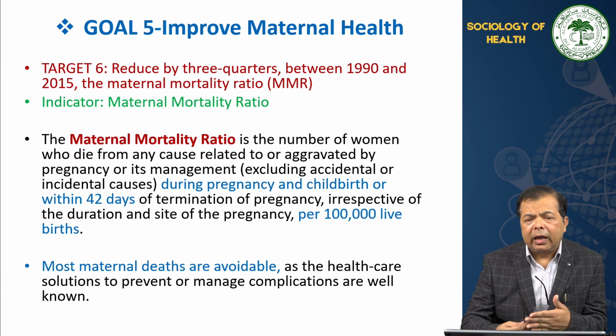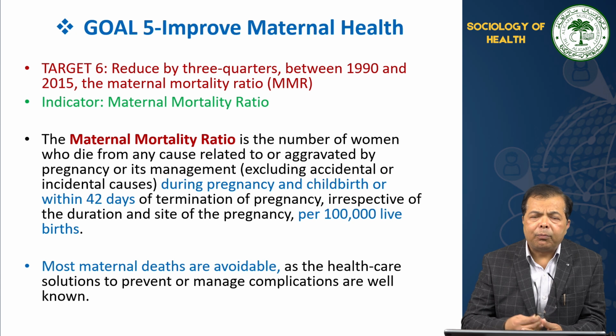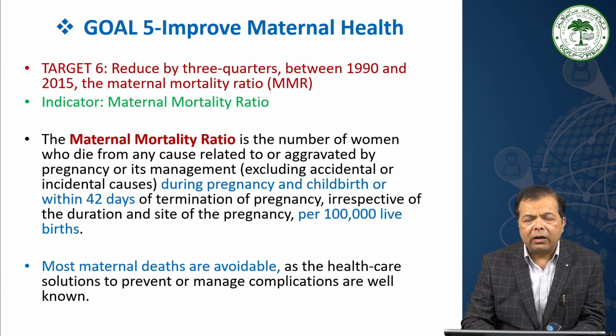So when any kind of death occurs, except deaths caused by accidental or incidental causes, during this period of pregnancy or within 42 days of that, it is considered maternal mortality and we calculate MMR. Most maternal deaths are avoidable as the healthcare solutions to prevent or manage complications are well known.